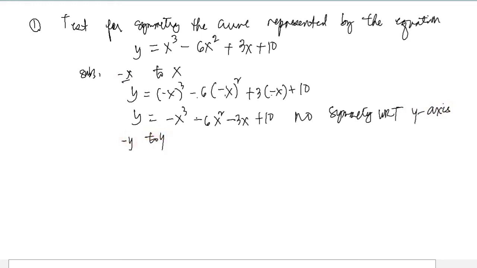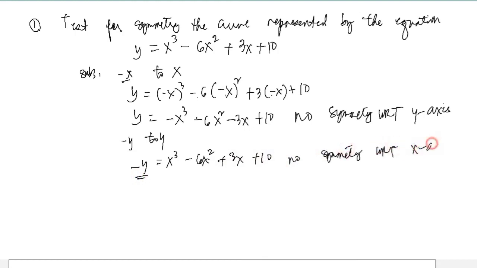So what if we are going to substitute the negative y to y? So alam na, itong y magiging negative y na siya. Yung kanan, hindi siya nabago, pero yung left side ng equation, yung y kanina naging negative na siya. So wala rin siyang symmetry with respect to the x-axis naman. Kasi pag nagte-test tayo dito kay y, kay x yun siya.